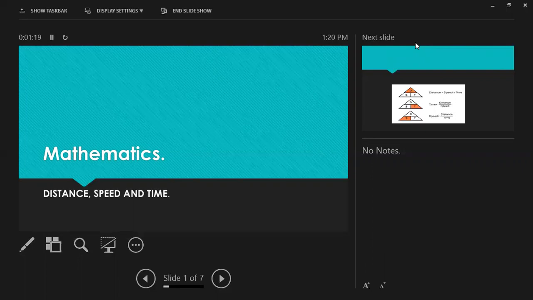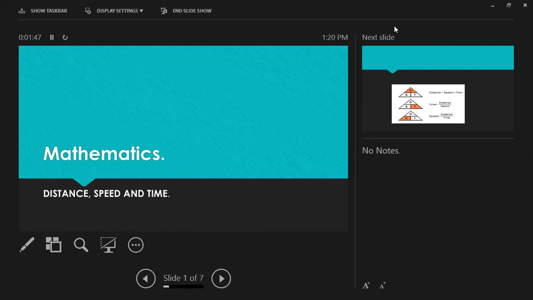Remember, speed according to our level can be measured in meters per second or kilometers per hour. You can also find questions that ask you to change or to convert speed maybe from meters per second to kilometers per hour and vice versa. So that is the area that we want to continue with today.